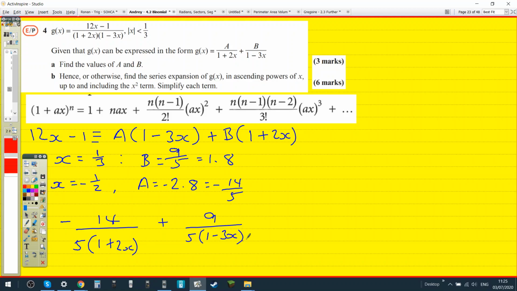I'm kind of wrong actually, Andrey. They wanted a and b, so a is minus 2.8 and b is 1.8, or as a fraction, but they didn't really want it expressed in this way. Maybe I'm wrong. So use any way you like, decimal or fraction.